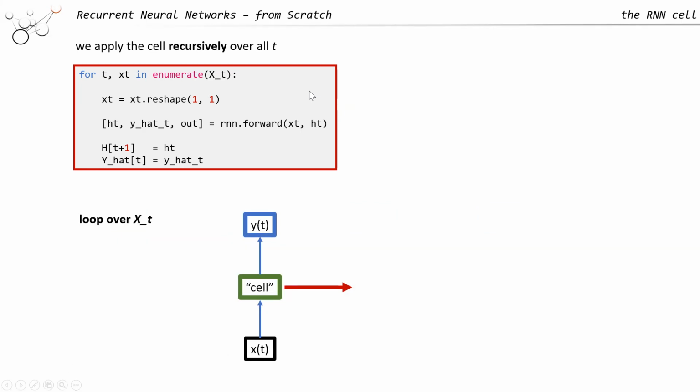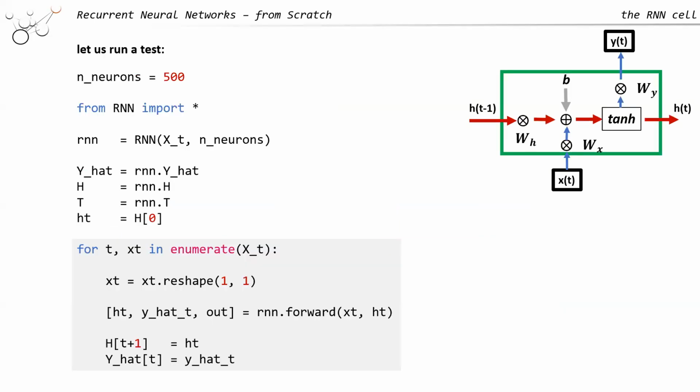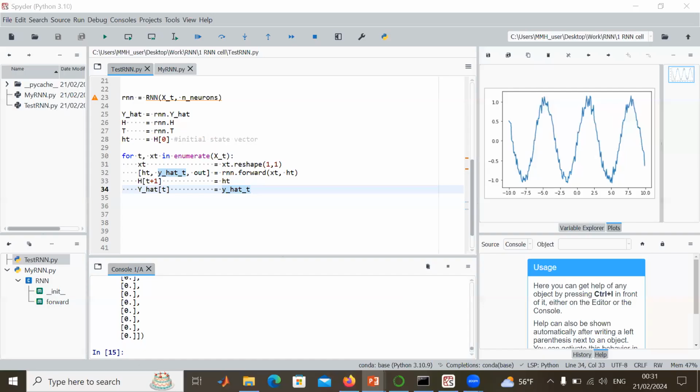In principle, we just run the loop over the cell, which is equivalent to calling the cell many times. So what you see here is just unwrapping the loop. It's exactly the same thing. So now we have the structure here, and we want to run it, and we want to plot the predictions, and we also want to plot the state vector. So let's see what we get. And let's go back to our user interface.